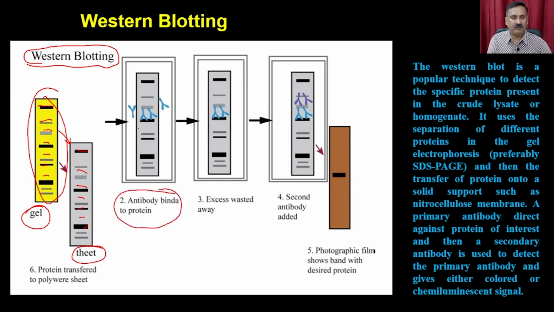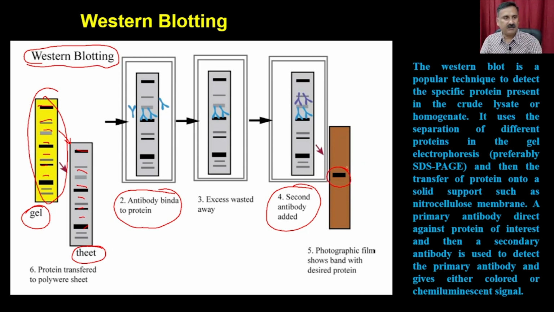The primary antibody will bind to your target protein, and then you're going to do a washing step. That washing is going to remove non-specifically bound protein and allow only the specific proteins to remain bound. Then you're going to add the secondary antibody, which will bind to the primary antibody, and then you're going to add the substrate, and that substrate is going to give you the signal.